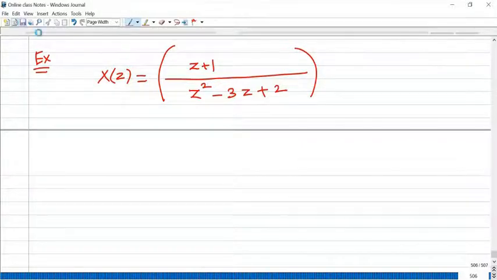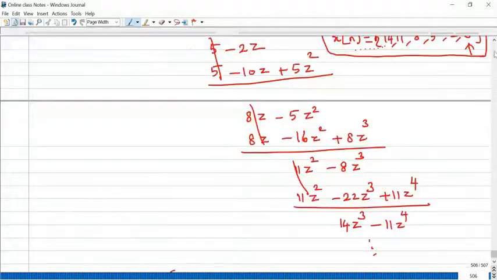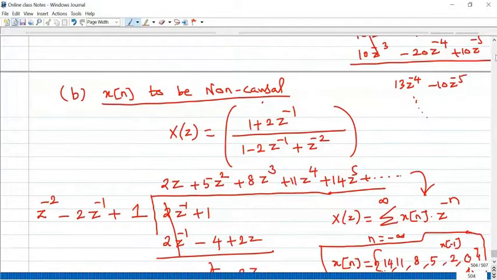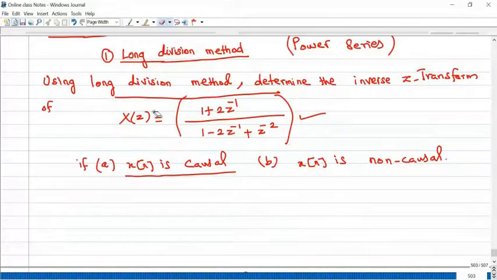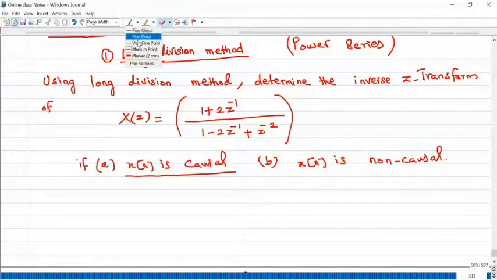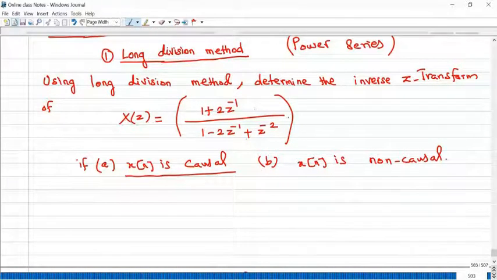Now how to solve this? There is some other method, but I don't want to confuse you. You always convert the given x of z to this particular format: a constant, and then z power minus 1, z power minus 2 and so on, in the numerator. The denominator also has a constant.